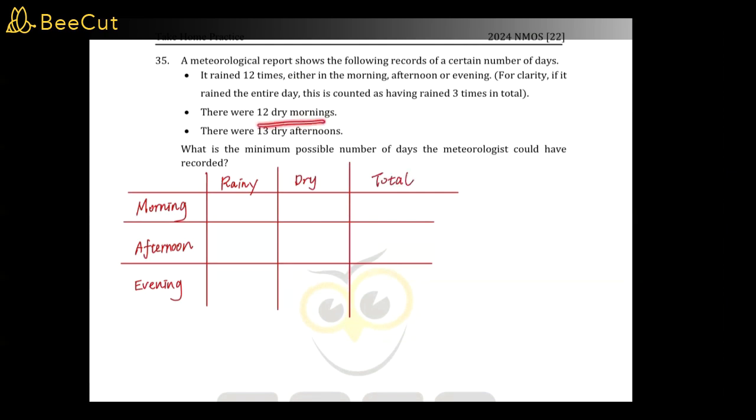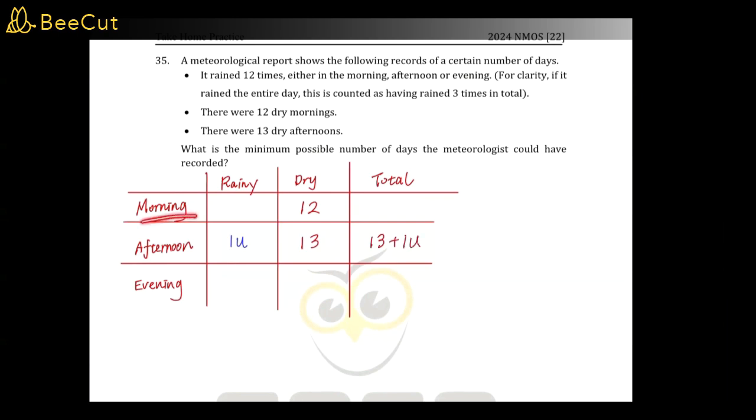So there are 12 dry mornings, 13 dry afternoons. Let's say for the afternoon, the number of rainy days is 1U. So we get the total number of afternoons is 13 plus 1U. Now, total number of days is the same.